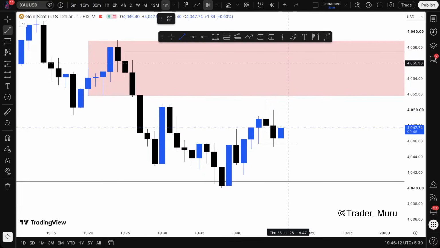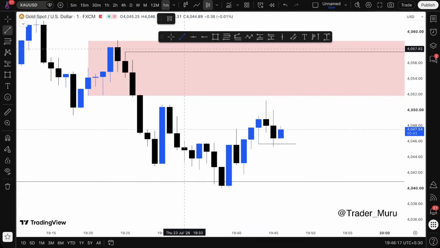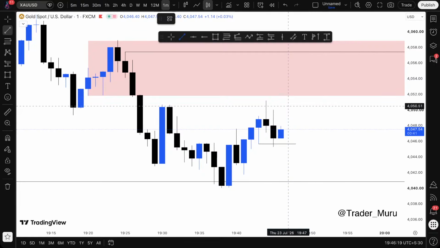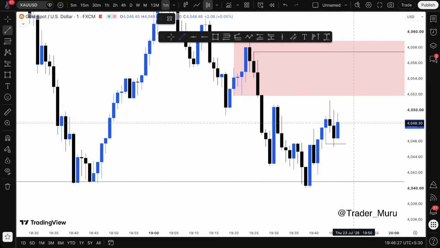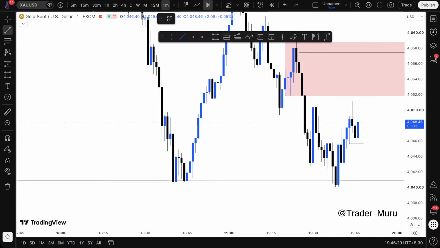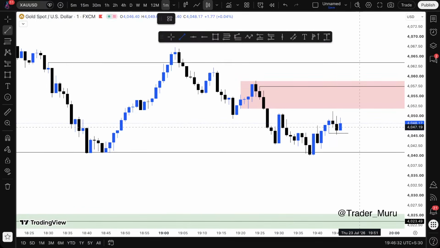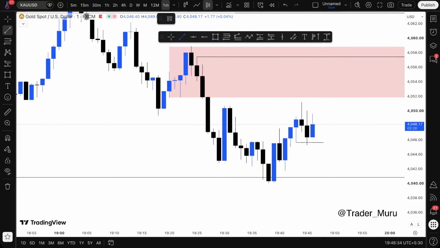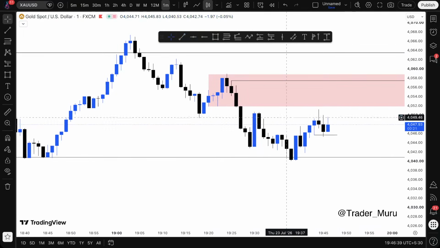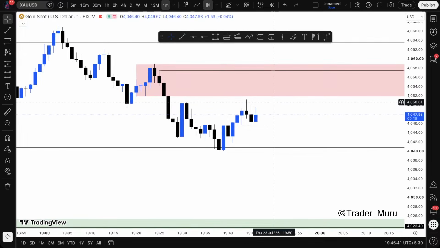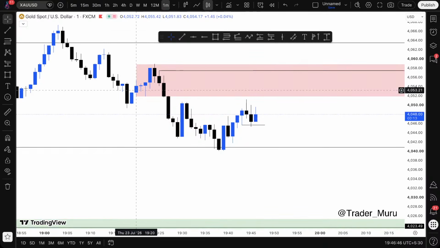Wait for this red zone test first and a 1-minute momentum break again. Before breaking this high, if we get a 1-minute momentum change, you can short it. Even the 1-minute structure is bearish.